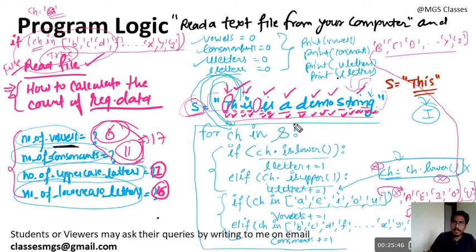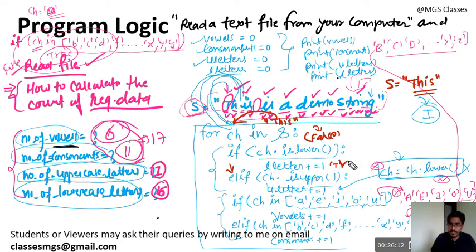So what will happen when you write this line? The string is coming like this here. The first time, capital T will come in ch. Capital T lower will return false because capital T is a capital letter. Then it will come to the else part. Is ch capital T upper?